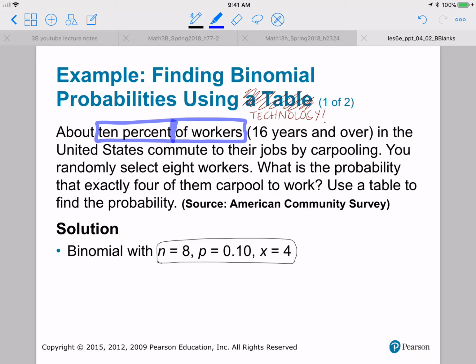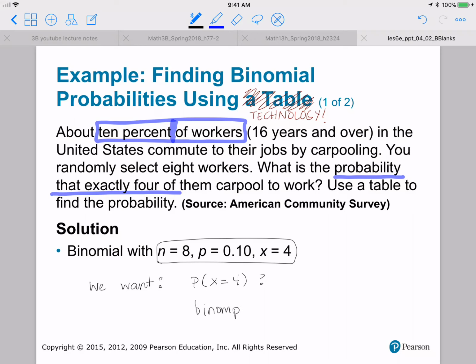A trial is asking one of those 8 workers, do you commute by carpooling? And they'll say yes or no. What we want is the probability that exactly 4 use carpool. So what we want is the probability that x equals 4.